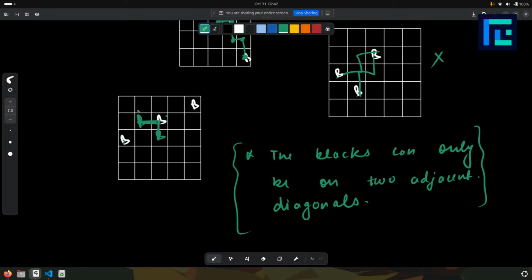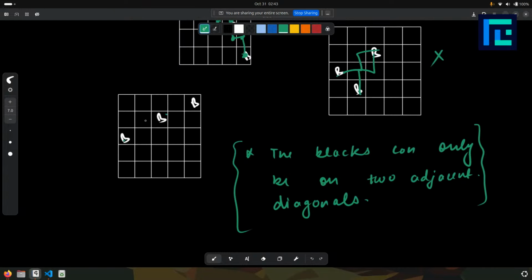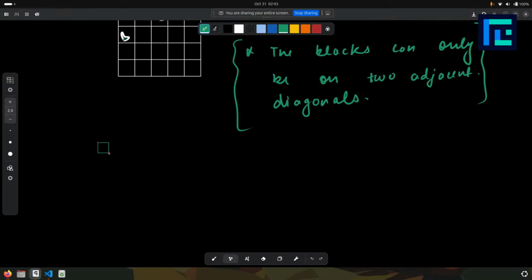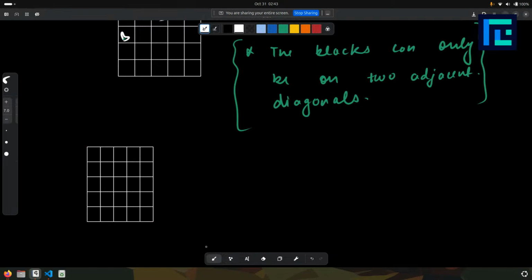So now this is an exception, because in this case, if we are, let's say, given these three cells as black, we can see that they are on three different diagonals, yet they are still connected.